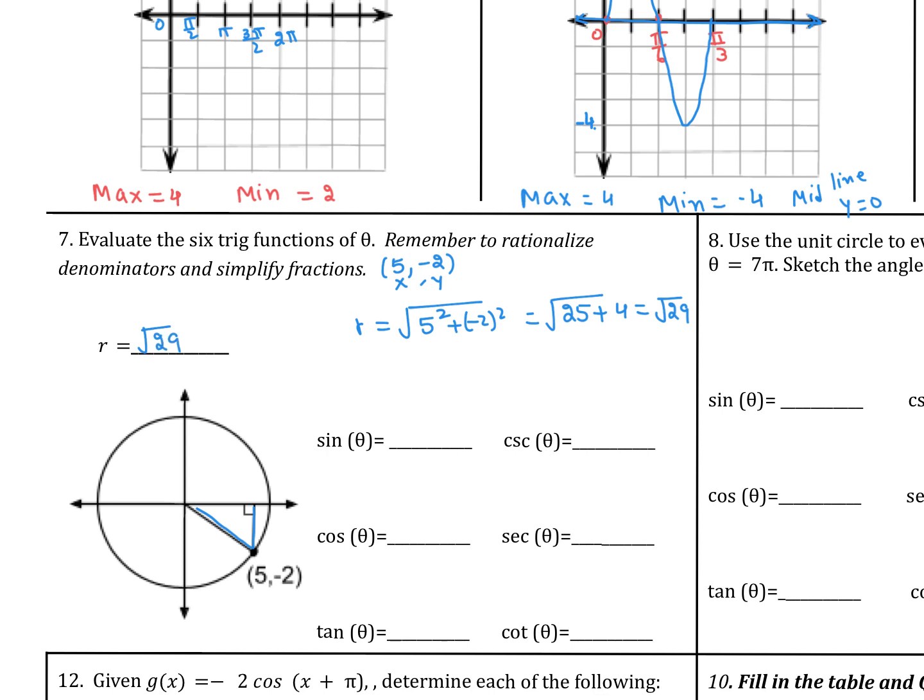Sine theta is y over r, which means negative 2 over r. If you want to rationalize, you keep the square root on top and the bottom would be without the square root.